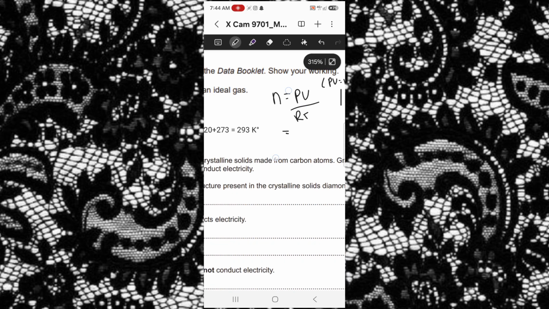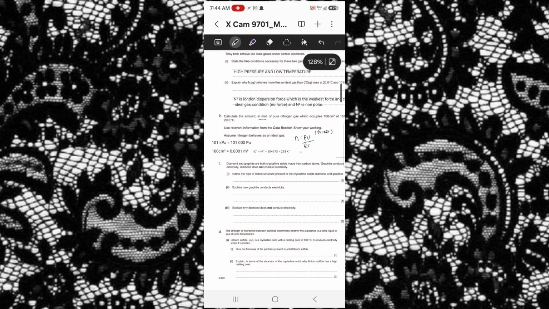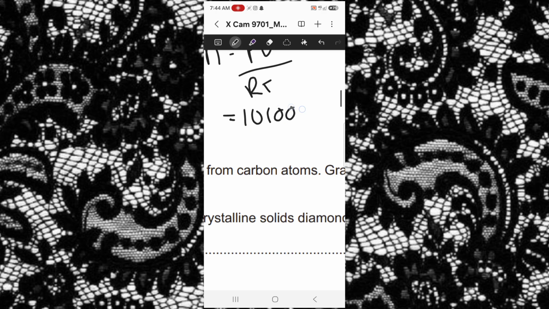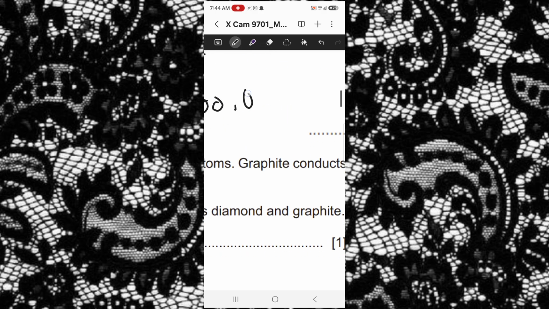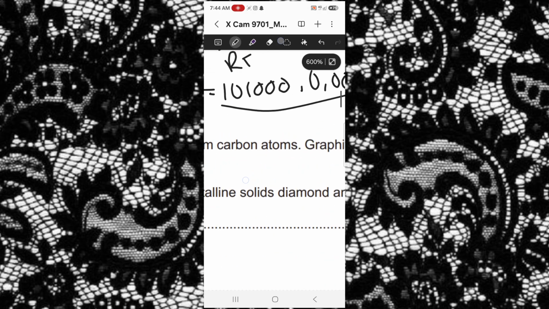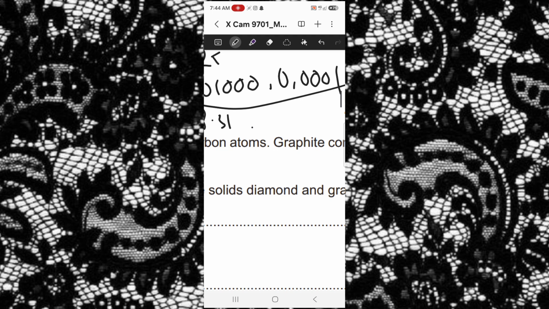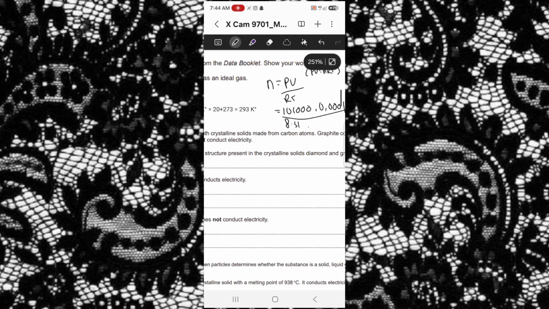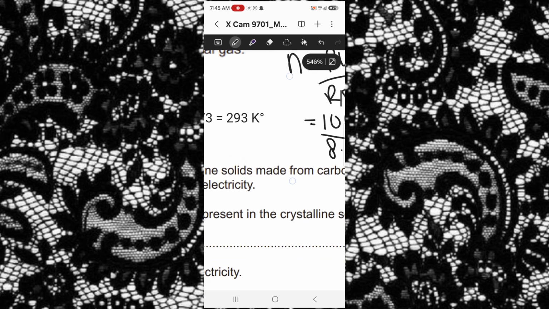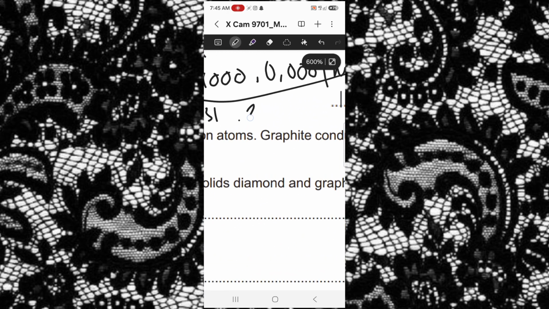So and then we just enter the data from the data booklet. So it's 101 times 0.0001 meter cubed, and then the R is from the data booklet also, 8.31, and it is divided by the Kelvin temperature, 293.